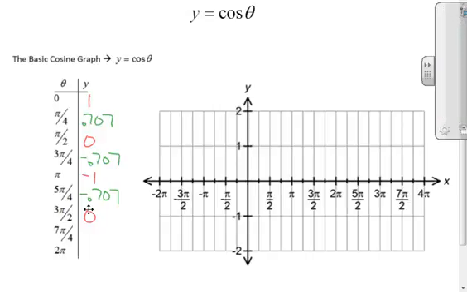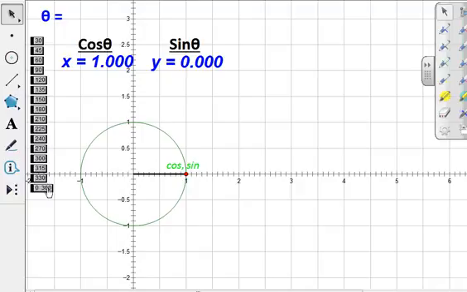And then 7 pi quarters was 0.707. And then finishing back up where I started, if you look at the chart here, you see that 0 degrees gives me a value of cosine of 0 being 1, and you are in fact just going to get the same value for 2 pi, which is 360 degrees, because they are coterminal.